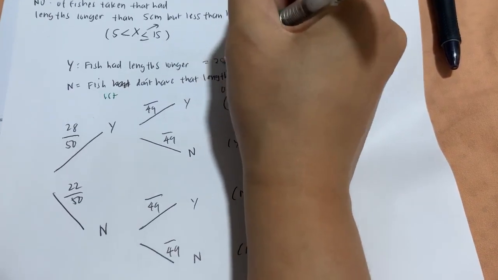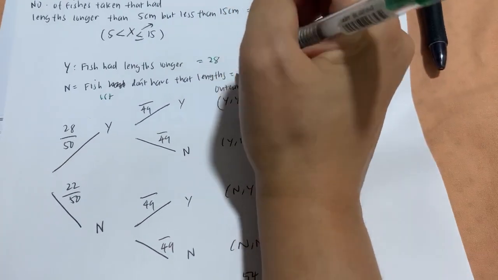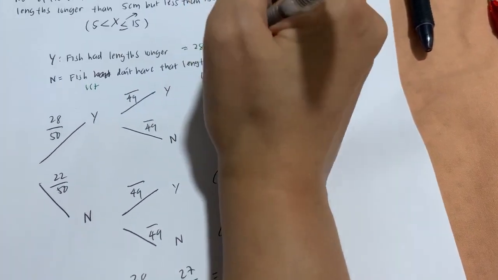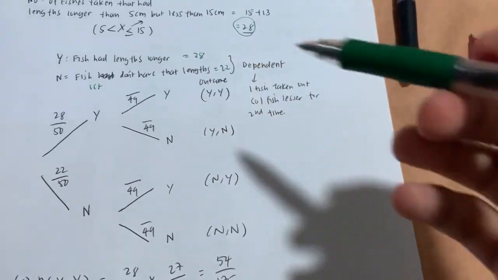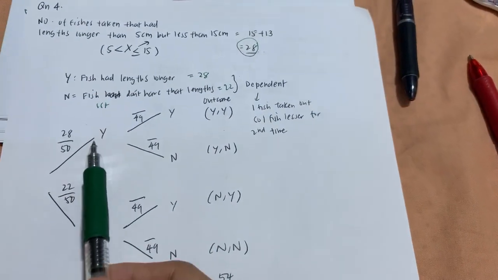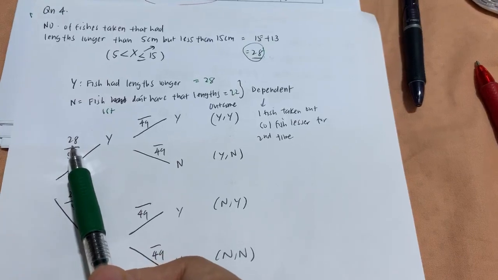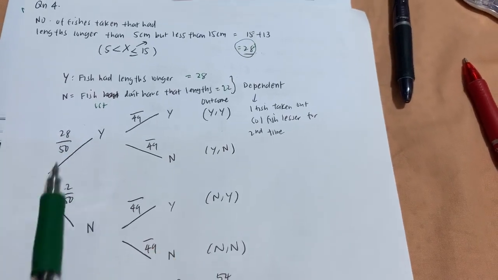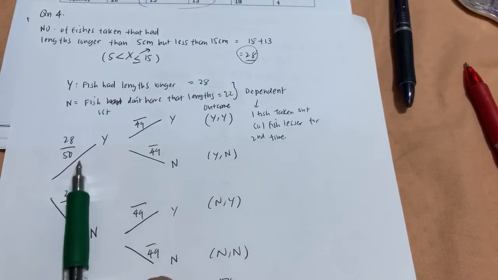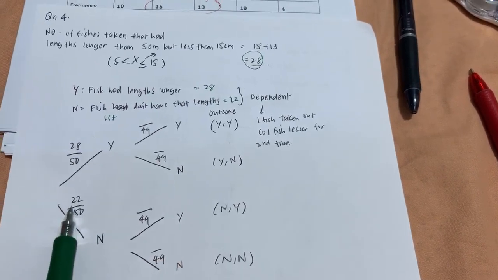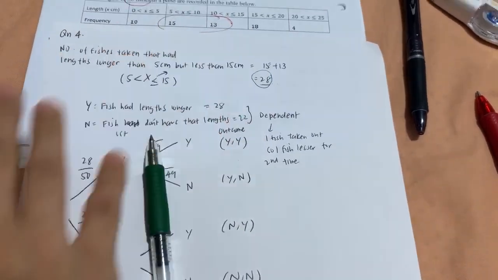So here will be 28, and here will be 22. How do I get 22? These are the fishes that are not in that range, so it's 50 minus 28, which gives 22. This is the first round.